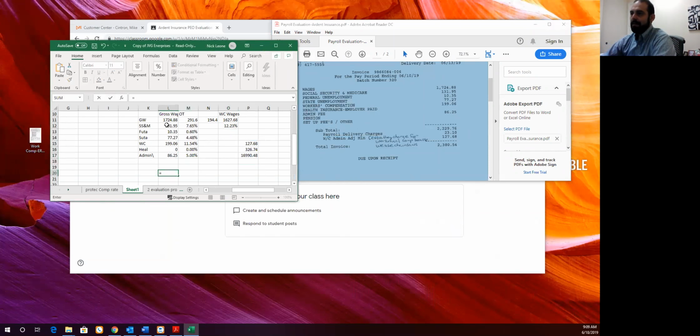So if we take this rate and multiply these wages by 52 weeks, we'll see that they're going to have about $85,000 in workers' comp wages on approximately $90,000 in wages for the year.